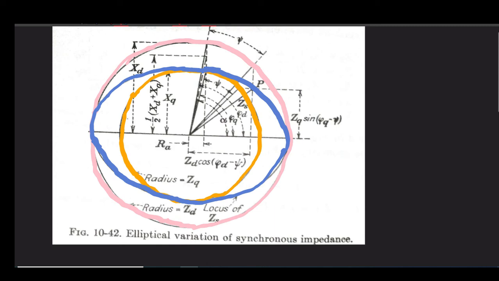Think about it for a while: whether ZS is constant or it is also oscillating between the extremes. What is the case? You think about it.